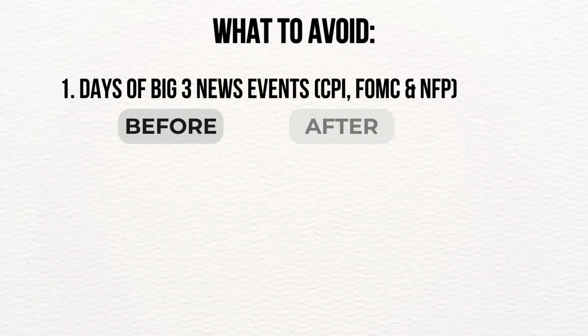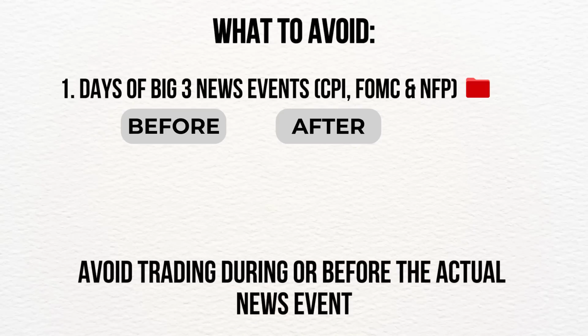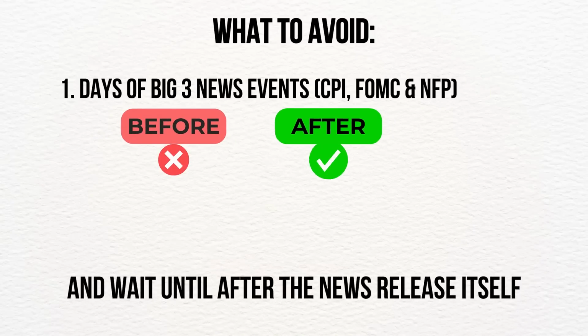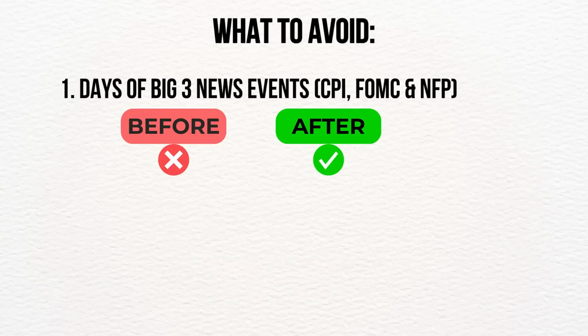So last few things I want to throw in here for you to know on what to avoid. Days of big three news events, so CPI, FOMC, NFP, you want to avoid trading during or before the actual news event and wait until after the news release itself to then comfortably engage with price action.